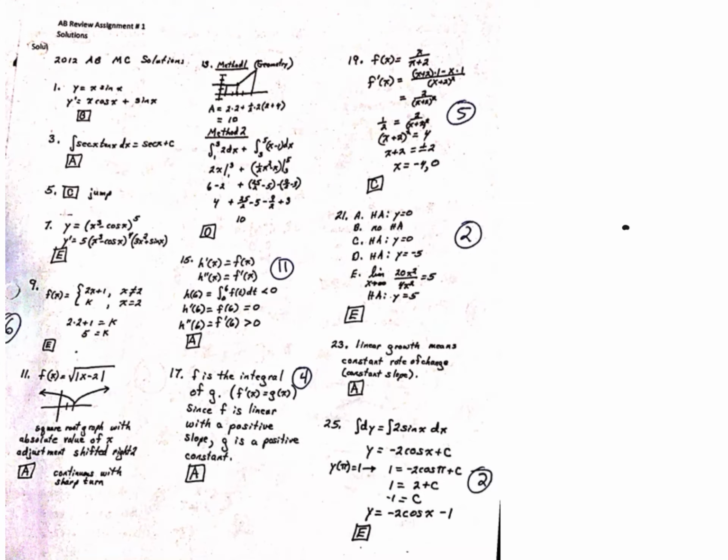And so the whole thing here is to remember that if f is going to be continuous, then we can cancel out common factors and then have the value of the function and the limits from the left and right equal each other. And so you can cancel out those x minus 2's and just set 2x plus 1 equal to k and solve for k. After that reminder, it should be fairly simple. But if not, and you need more, just let me know.